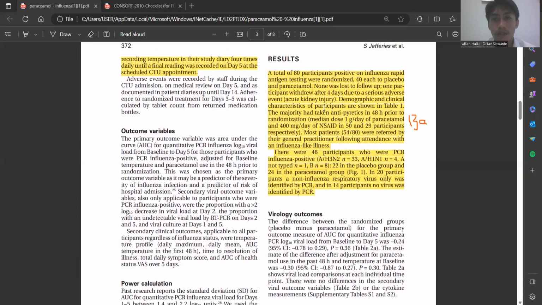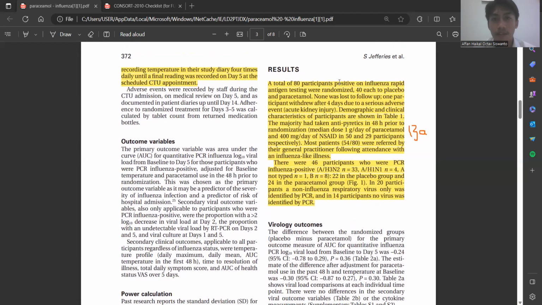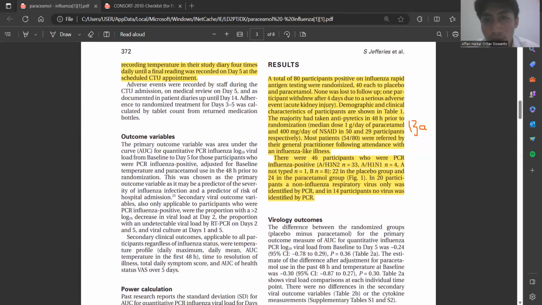So it is mentioned in the article, in the results section, a total of 80 participants positive on influenza rapid antigen testing were randomized, 14 each to placebo and paracetamol. None was lost to follow-up. One participant withdrew after 4 days due to a serious adverse event.